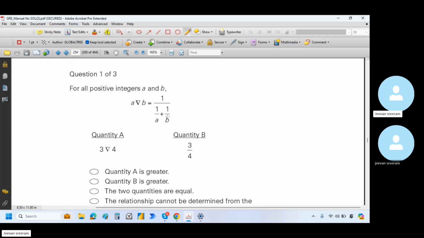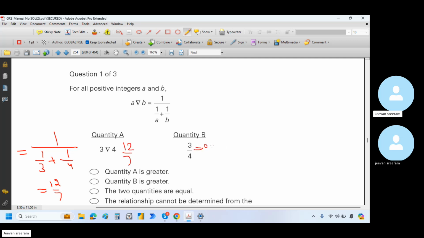Okay, we got a symbol again. A inverted triangle B is 1 by 1. Okay, 3 inverted triangle 4 gives you 1 by 3 plus 1 by 4, which is 7 by 12.